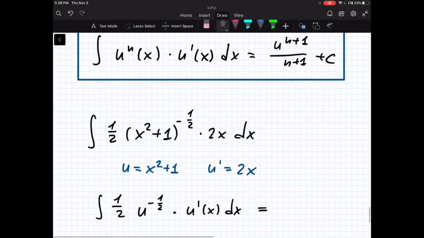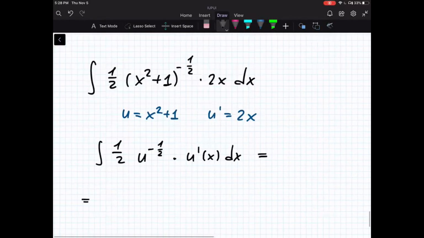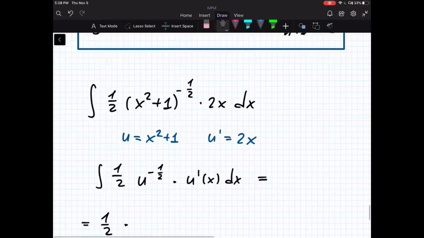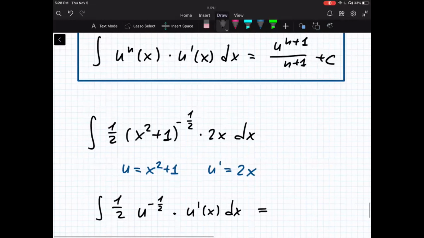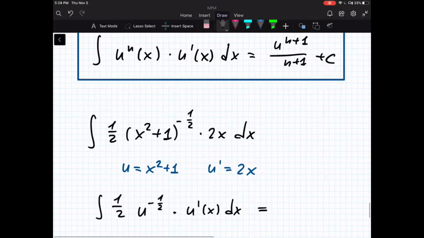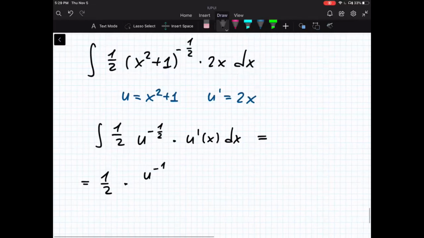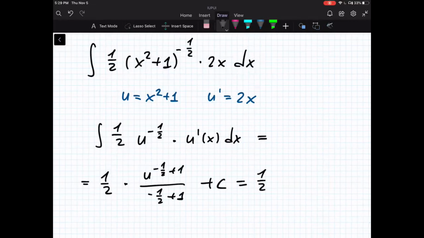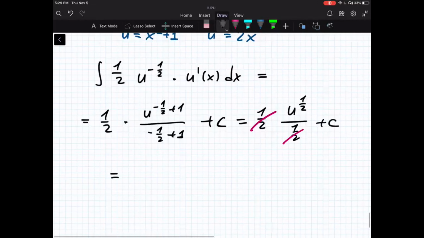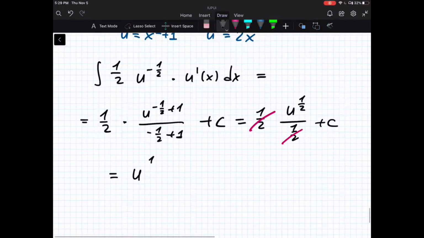By this formula, I can write it as 1/2 times that integral, and I will obtain u to the power minus 1/2 plus 1 divided by minus 1/2 plus 1, plus some constant. But this is 1/2 u to the power 1/2 divided by 1/2 plus constant. So we see cancellation here, and thus we obtain the same result as we got before.